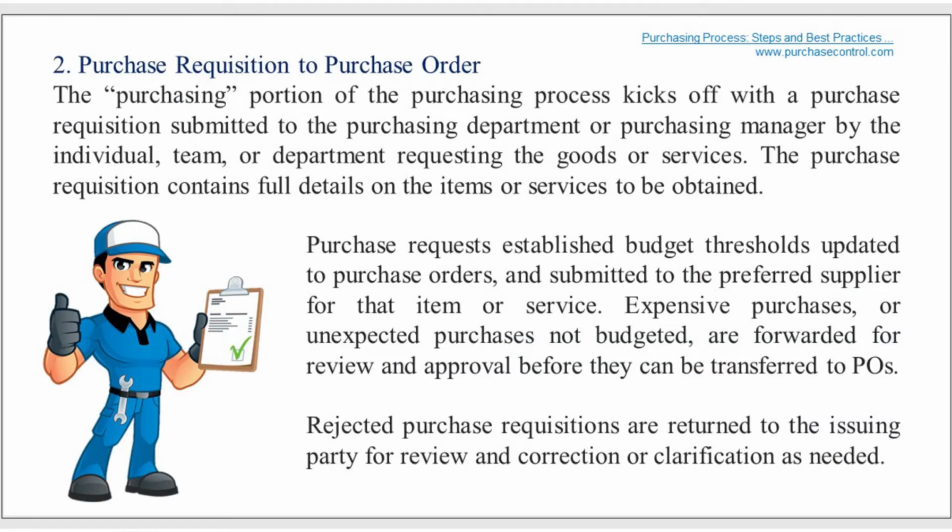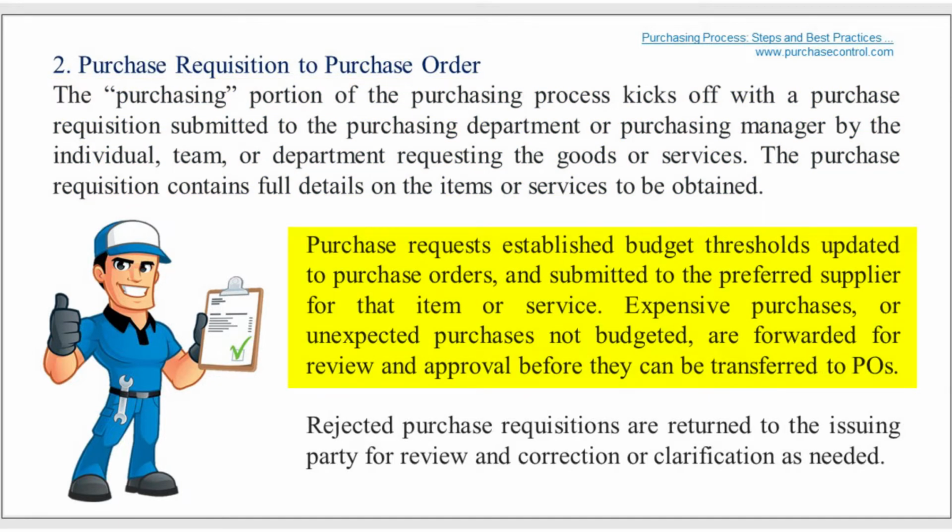Purchase requisition to purchase order. The purchasing portion of the purchasing process kicks off with a purchase requisition submitted to the purchasing department or purchasing manager by an individual, team, or department requesting the goods or services. The purchase requisition contains full details on the items or services to be obtained.